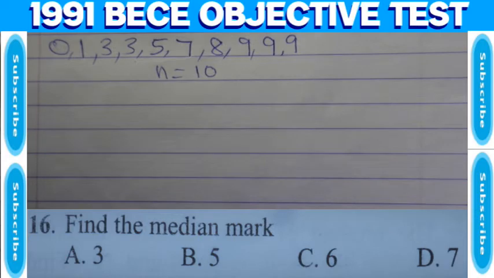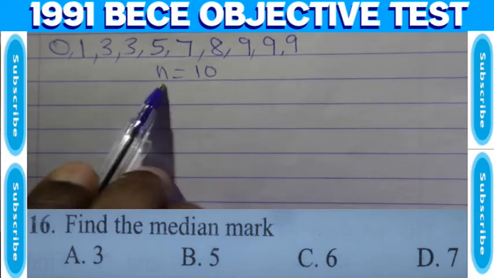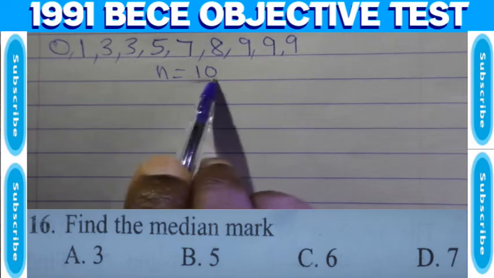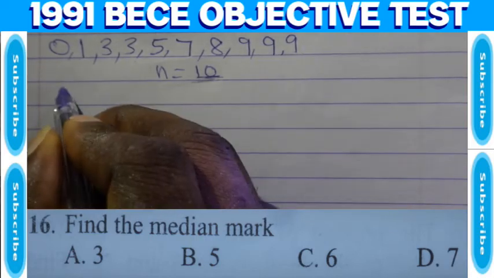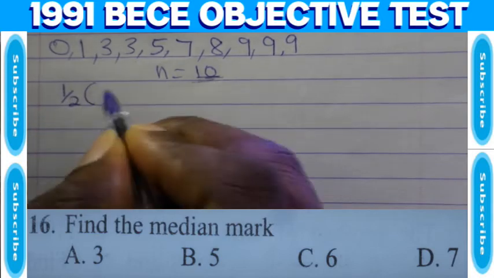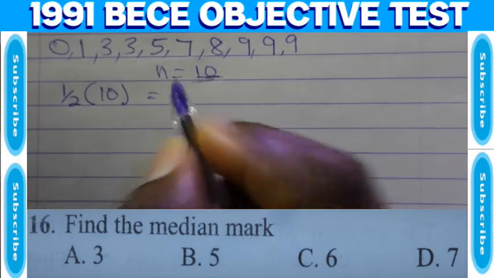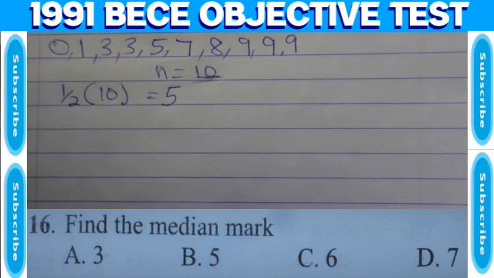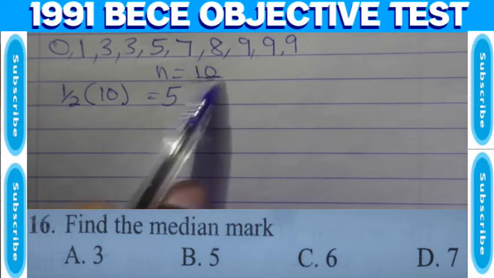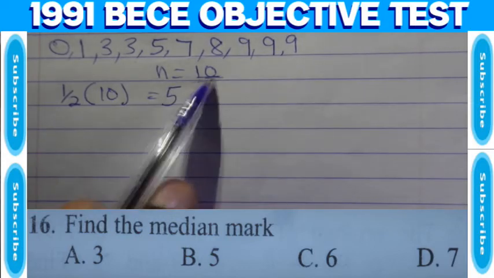To find the median mark, this is what we do. Find half of this 10, and this gives us 5. Usually you find half of the number of marks that you have.